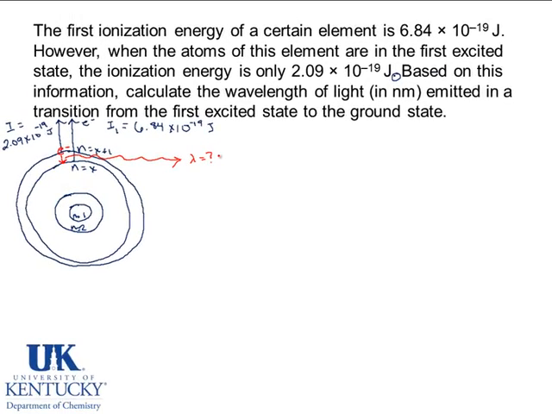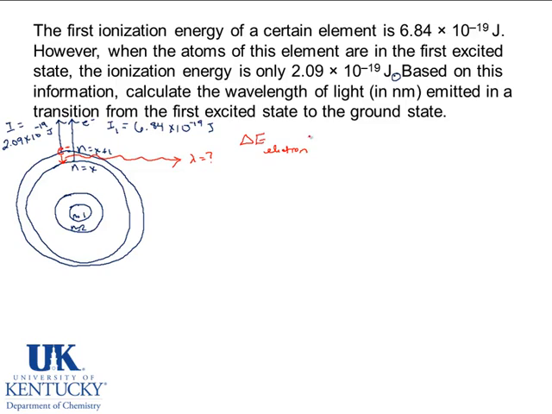Well, the first thing that we could do is determine the change in energy of that electron. What is the size of this energy gap? Well, if we know how much energy it takes to remove the electron from here, and we know how much energy it takes to remove the electron from here, if we subtract those two, we would know the difference in energy of this transition.